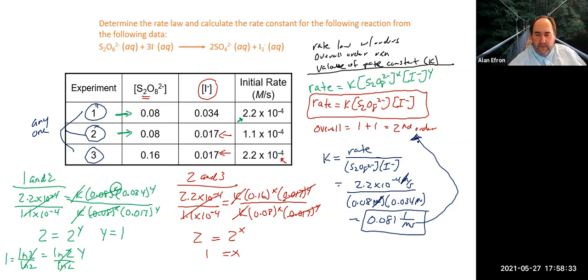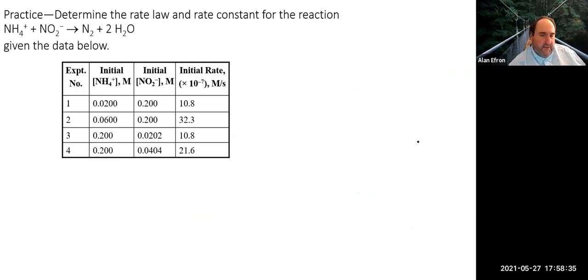Okay. Why don't we try one more here just to make sure? Let's find the same things, just do the rate law, the overall order, and the value of K. All right, so see what you come up with in this case. Okay, so we'll do the same approach here.